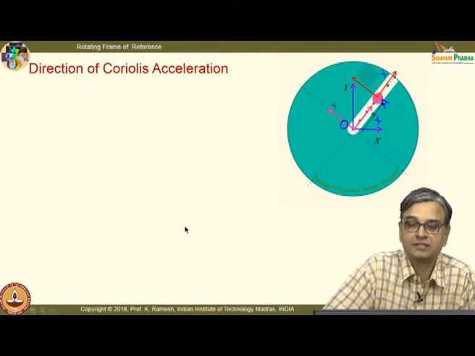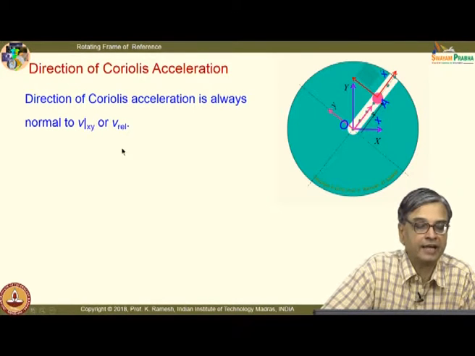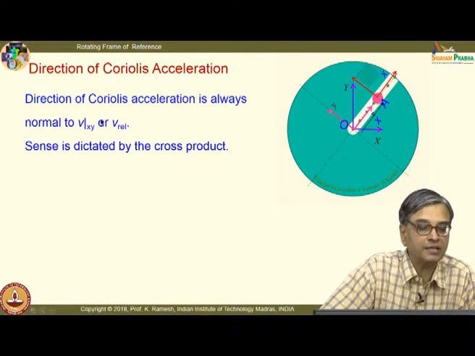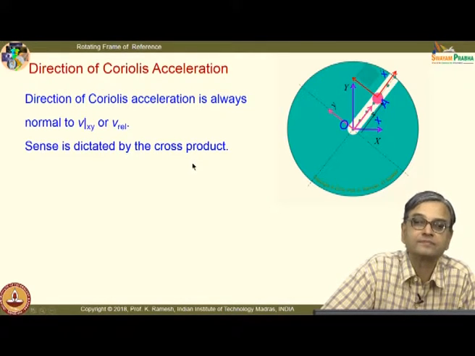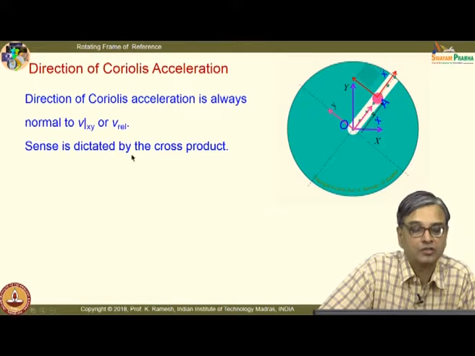So, we have these noted down, and the direction of Coriolis acceleration is always normal to the V_rel or V_xy. Normal is fine, but the sense is dictated by the cross product.